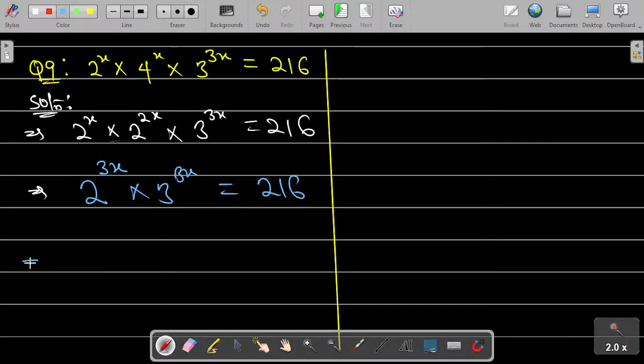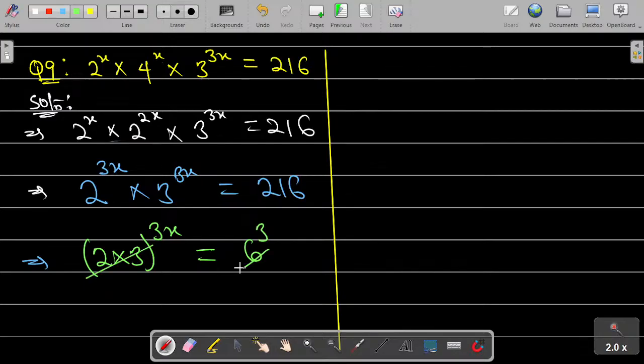Like what we did in the previous example, we can bring both of them into the same power. That will give us 2 times 3, all raised to the power of 3x, and of course this is 6, so I can now write this as 6 raised to the power of 3.